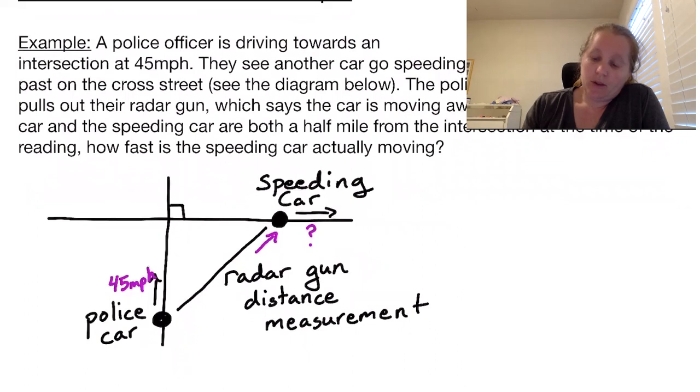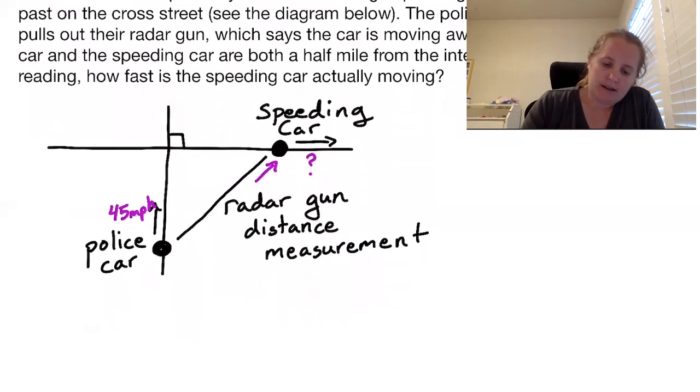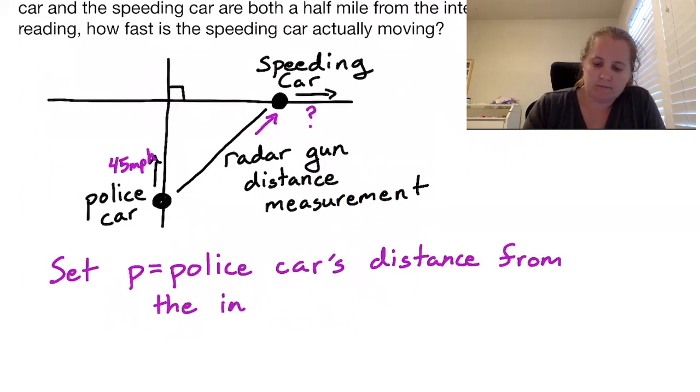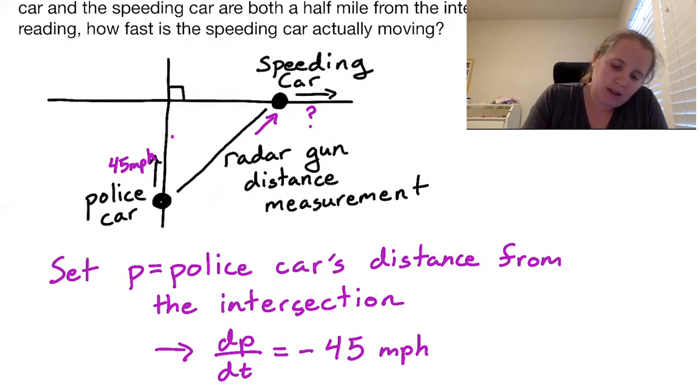So I'm going to label the police car distance from the intersection as P. So if we set P equal to the police car's distance from the intersection, then that 45 miles per hour is telling us that the rate of change of this variable, dP/dt, is equal to negative 45 miles per hour. So again, P is that distance there.